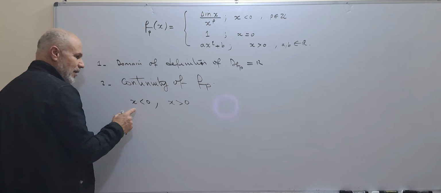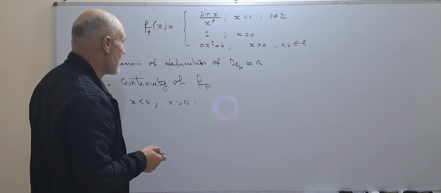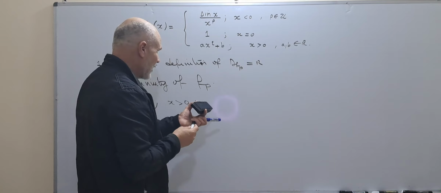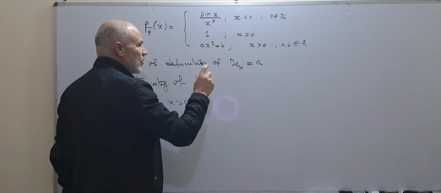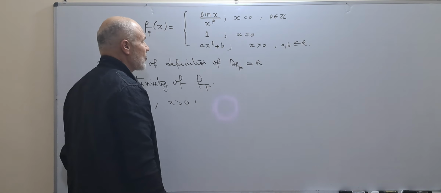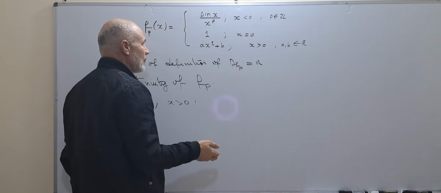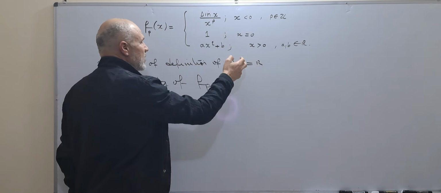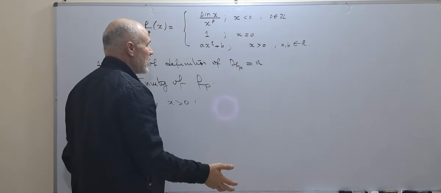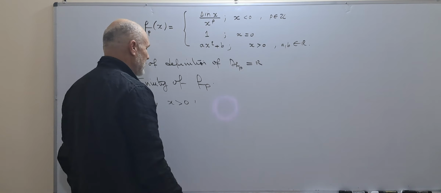In this case, we can use a magic phrase. We can remark that if x is less than 0 or if x is greater than 0, this is a question of elementary continuous functions, which are sin x and x^p. If x is greater than 0, this is a polynomial, which is continuous, differentiable, and so on.